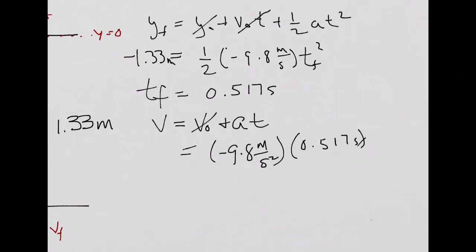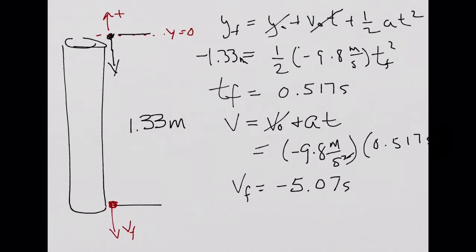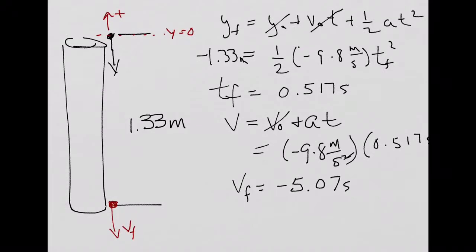The seconds cancel, and vf, the final velocity, would be equal to minus 5.07 meters per second, meaning that the ball is falling in the negative direction. It started at 0 meters per second, and after going down about half a second, about 1.3 meters, its velocity just before it hits the ground is in the negative direction, 5.07 meters per second.